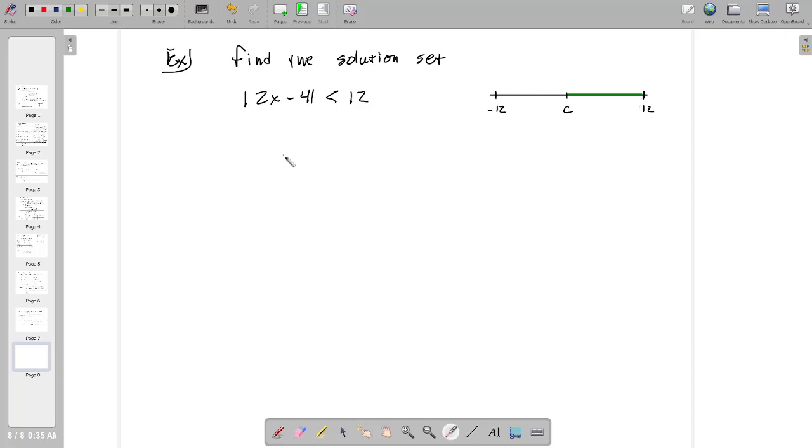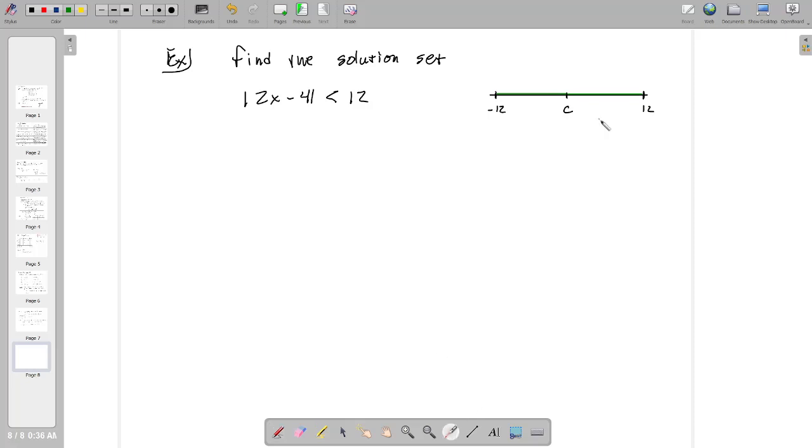We're saying that this value, whatever this is, 2x minus 4, will turn out to be some number. That number has to be within 12 units of 0. That's 12 units to the right, and then we have 12 units to the left.